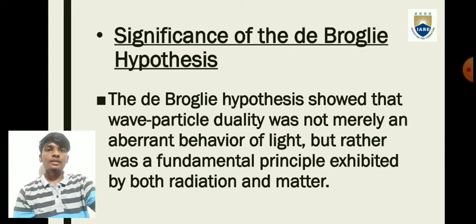Significance of the de Broglie hypothesis. The de Broglie hypothesis showed that wave-particle duality was not merely an aberrant behavior of light, but rather a fundamental principle exhibited by both radiation and matter.